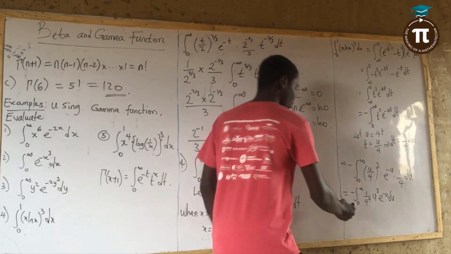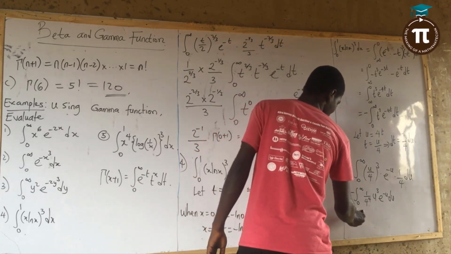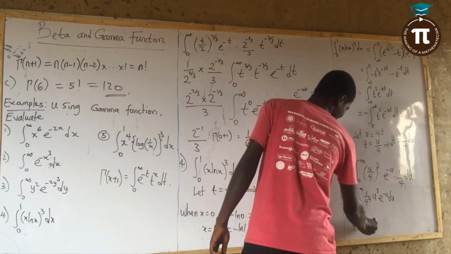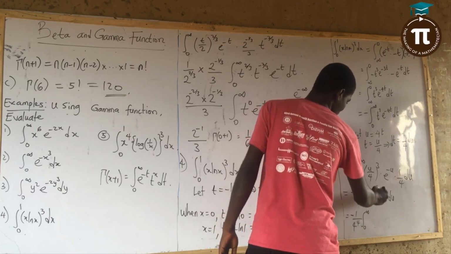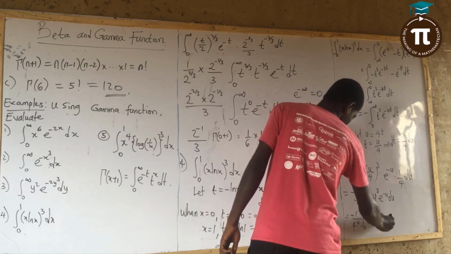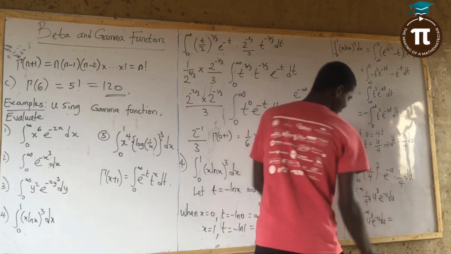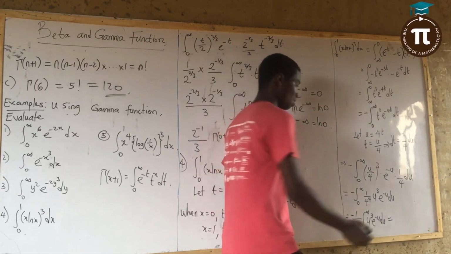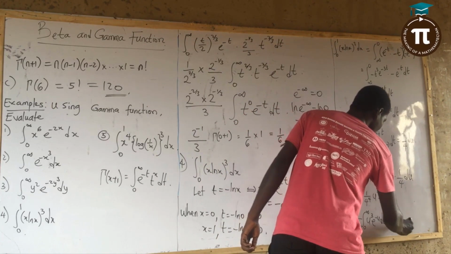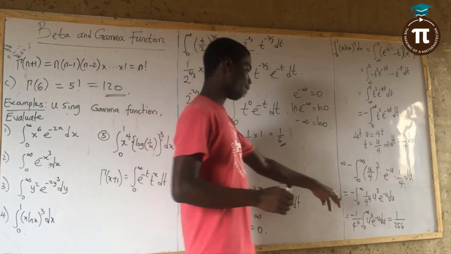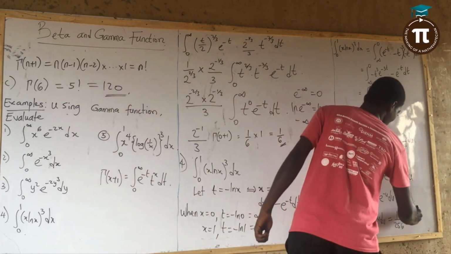This is 4 raised to power 3 multiplied by another 4, that's why I have 1 over 4 raised to power 4. Bring the constant out. This one will give me minus 1 over 4 raised to power 4 times the integral from 0 to infinity of u raised to power 3 e raised to power minus u du, which is exactly the gamma function. 1 over 4 raised to power 4 is 1 over 256, gamma of 4.